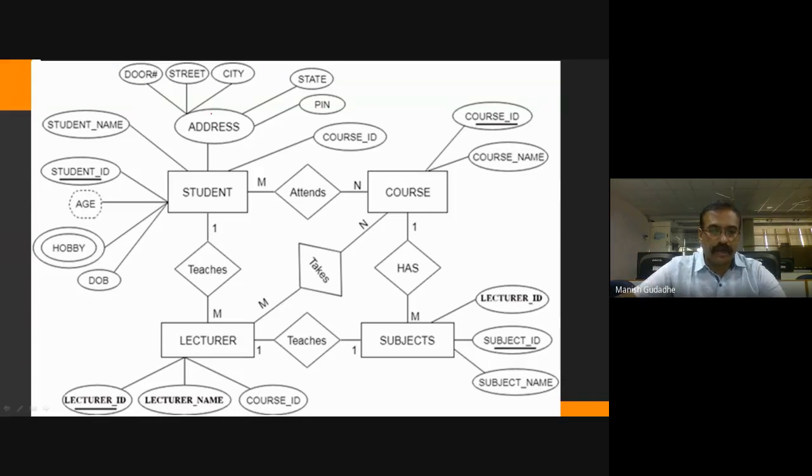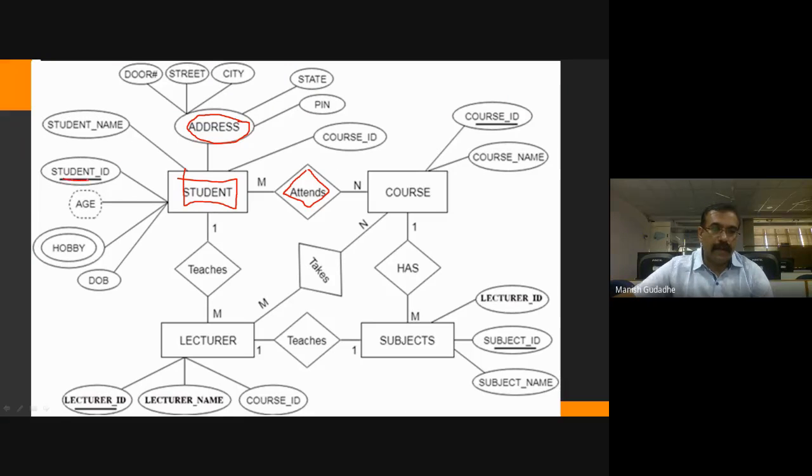So here again I am repeating, in the ER model, entities are posted in a rectangular block, attributes are posted in oval or elliptical blocks, and the relationship is posted in a diamond block.